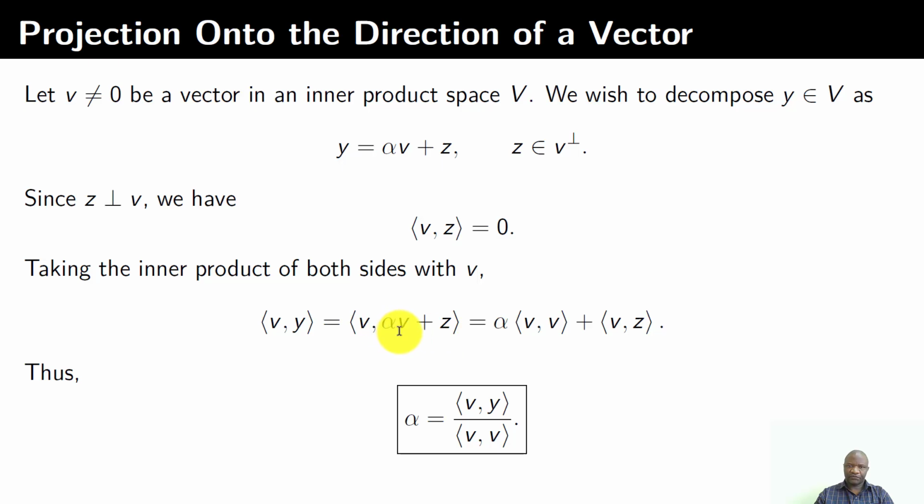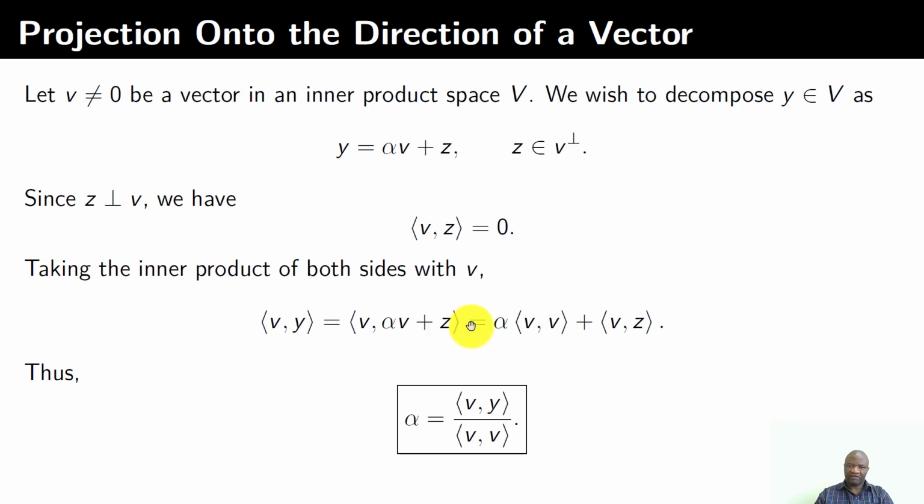This is the inner product in the second argument. This is the inner product of v and alpha v, plus the inner product of v and z, but alpha can be factored out, so we have this one. But we know v and z are orthogonal, so this gives you 0.